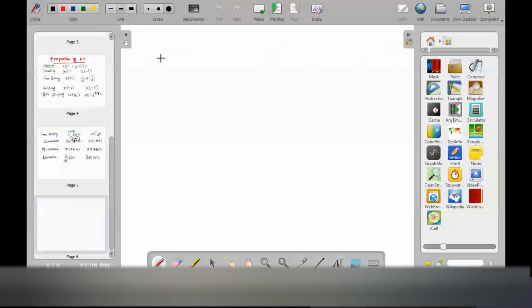So the next property is something called the modulation property. This property is again very important to us.